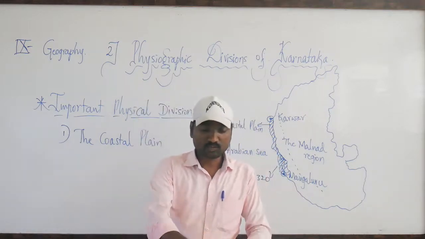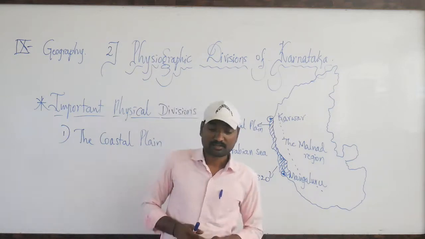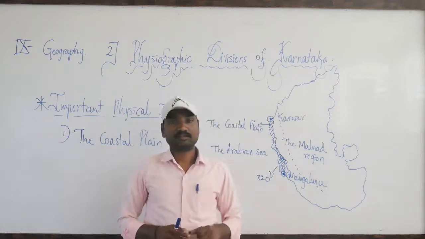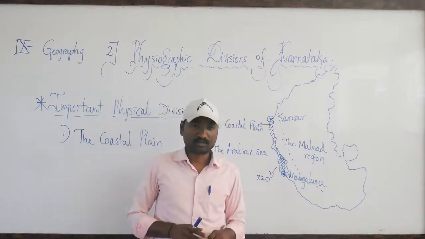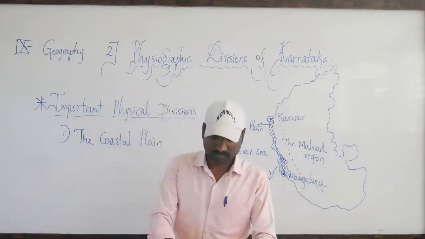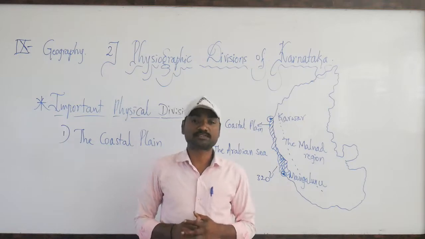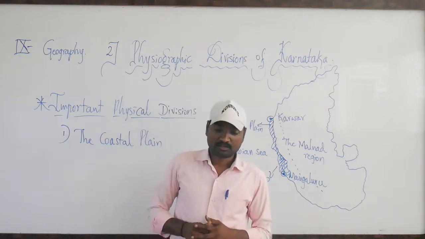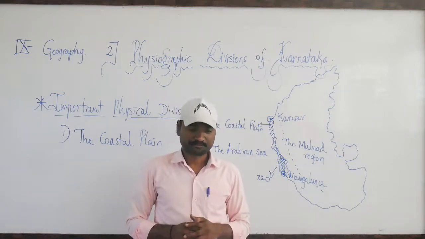Its height is less than 200 meters above sea level. That area is called Kanara or the Karnataka coastline. Here the rivers form estuaries. No deltas are there in this area.